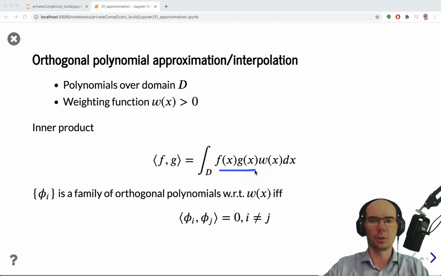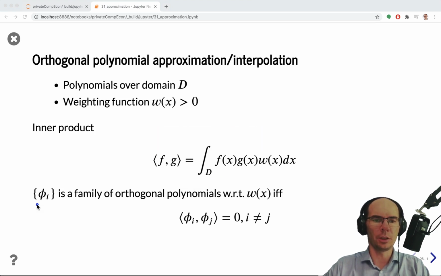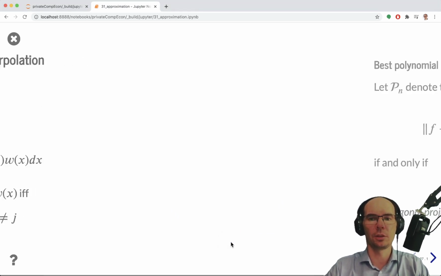We take the product for each x, multiply it by the weighting function as well, and take the integral over the whole domain. This is the inner product defined over the polynomials. Now, the phi_i is a family of orthogonal polynomials if for every pair of different polynomials the inner product is equal to 0. So this is just the definition.